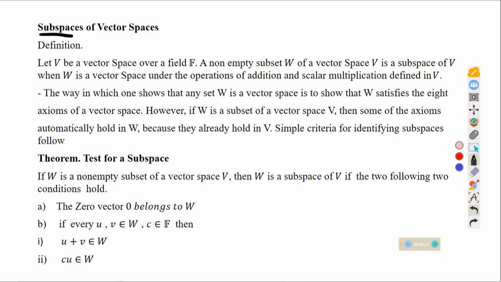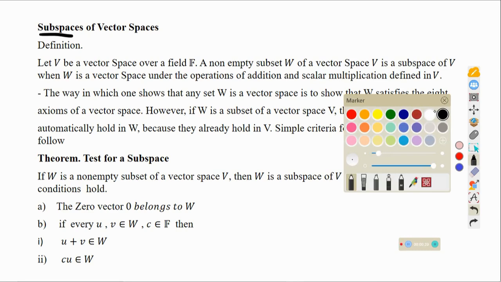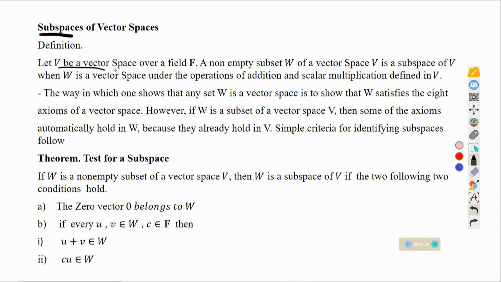To talk about a subspace, we shall first let V be our vector space over a given field F. Then, if you have a non-empty subset, for example W, of this set V, which is a vector space defined over the field F, then we shall be able to call this non-empty subset W a subspace of V if W is a vector space under the operations of addition and scalar multiplication defined in V.